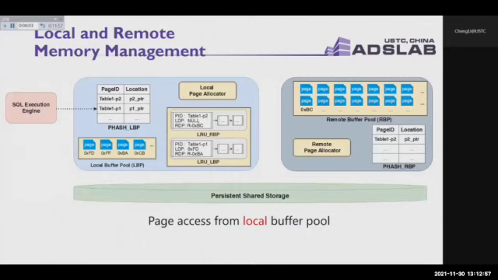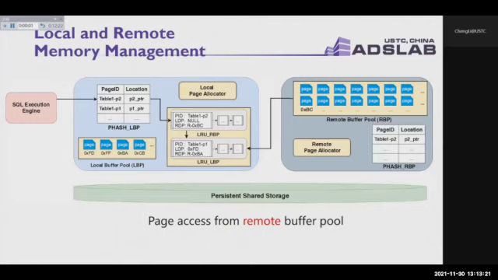Once we have this memory management, the SQL execution engine needs to read the data, right? The easiest way is that the page is in the local buffer, just like the arrow indicates. Then we just return it from the local buffer. So that is easy, right?